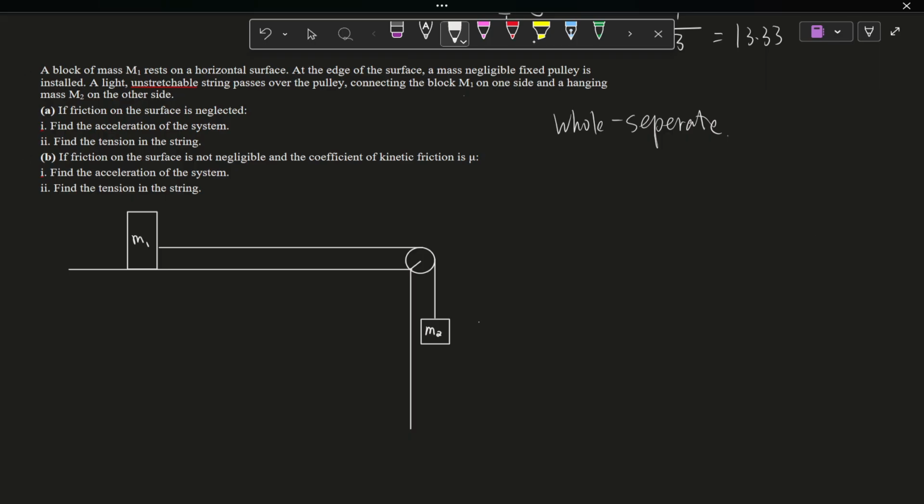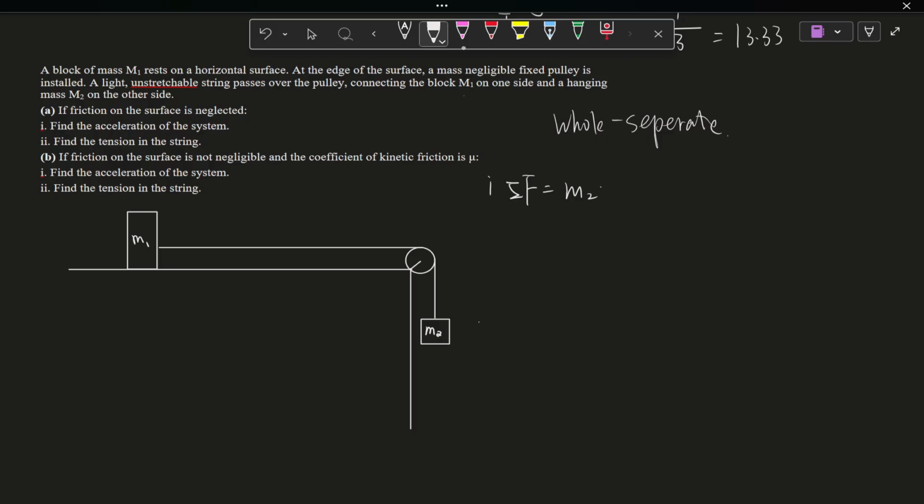So first, still using the whole-separate method, we can write the net force equation for the entire system. For m2, it's going downward, and there's the Ft pulling it upward to resist it from going downward. And for m1, there's an Ft pulling it to move along the surface. However, this time we've got a friction, which is pulling it backward.